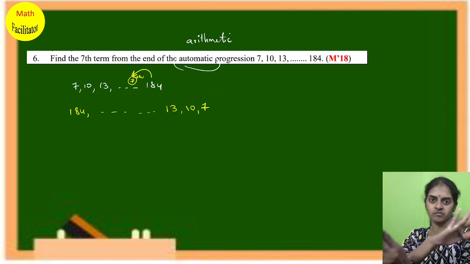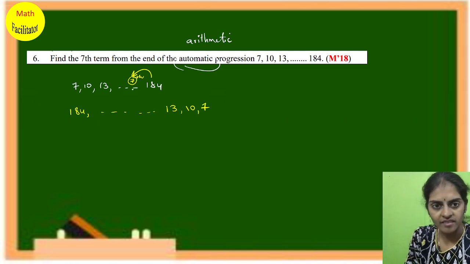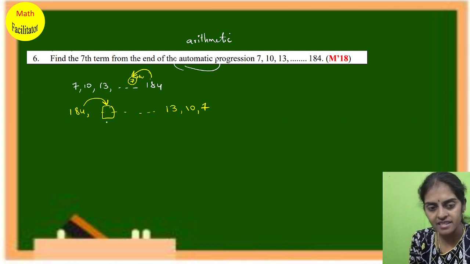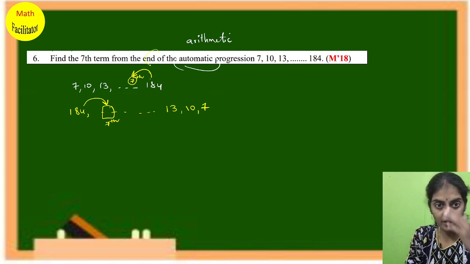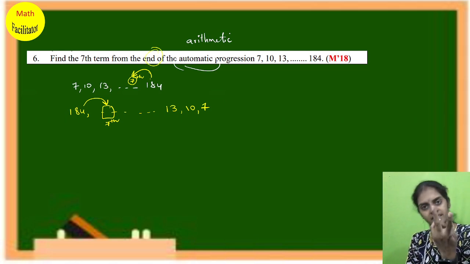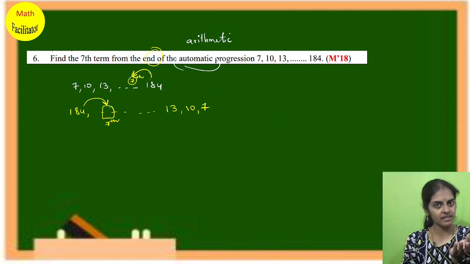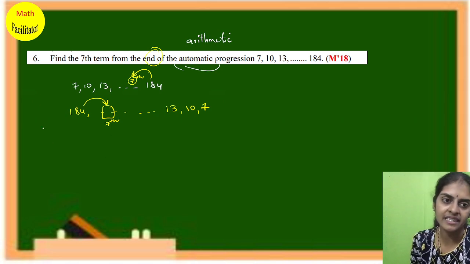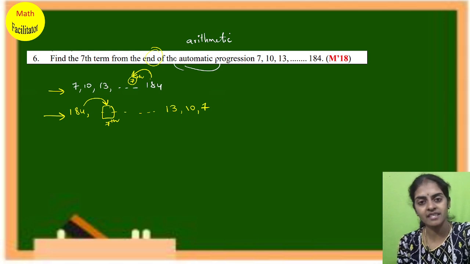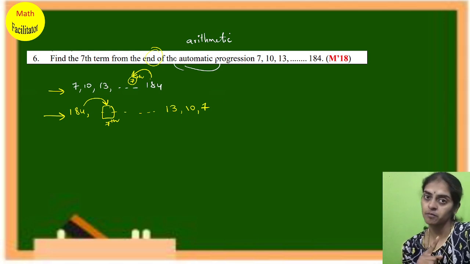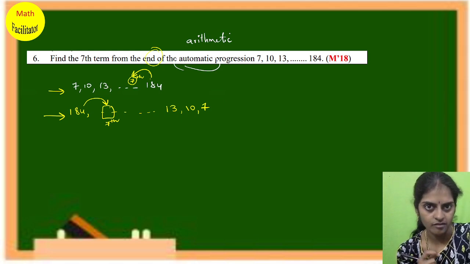I actually need the seventh term from the end, but when I reverse the AP, the end will become the start. So in the reverse AP I need the seventh term from the start. In the original AP, the seventh term from the end is, in the reverse AP, the seventh term from the start.